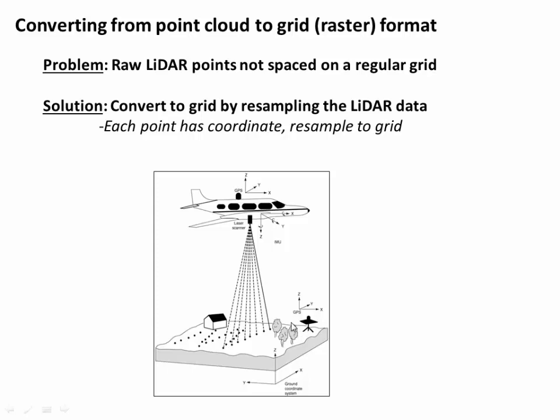So they tend to have a zigzag pattern. And of course, we would like to convert that zigzag pattern into a grid, like a raster. And the way we're going to do it is we're going to need to resample the LiDAR data. So we know the coordinate of each of these laser shots, and we're going to resample those into a gridded model.